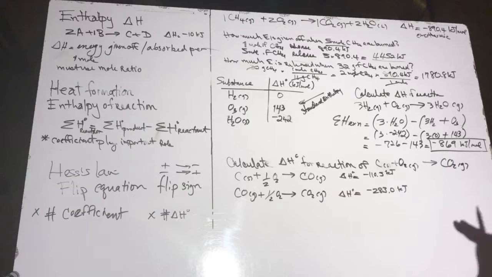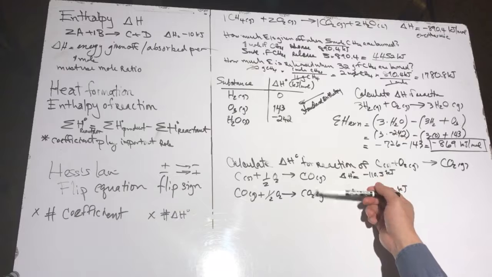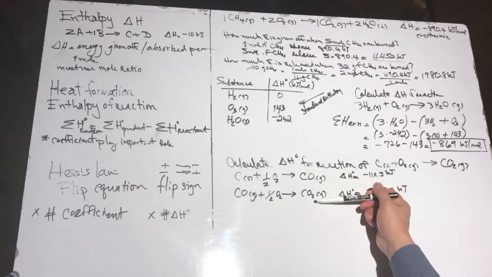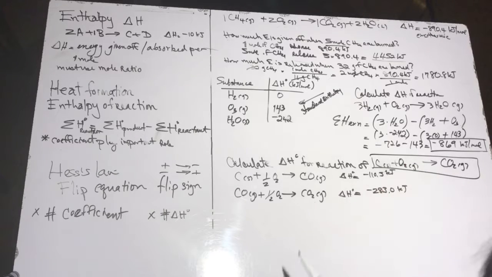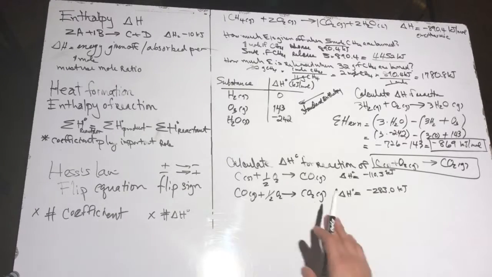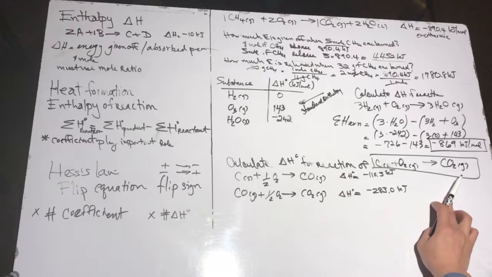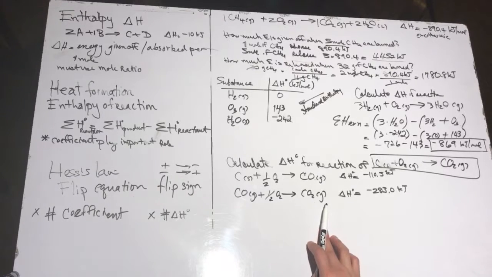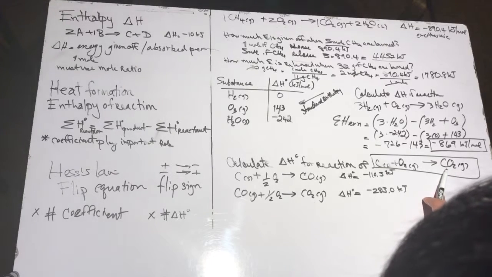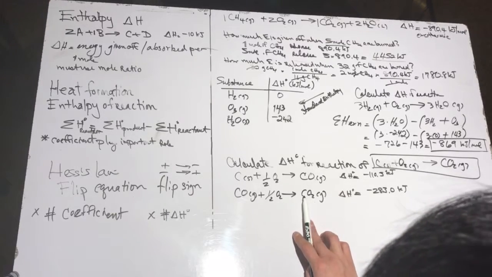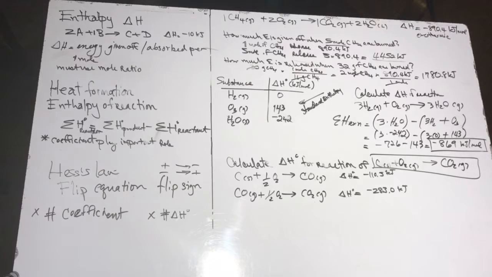Going back real quick, one of the last things we need to understand is Hess's law, which is where you combine chemical reactions in such a way that they match the one you desire. Hint: if you flip the equation, the sign flips. If you multiply by a coefficient, you also multiply the amount. So look over here. From equation 2, how many moles of carbon dioxide gas do I need to have? 1 mole. So that's good.